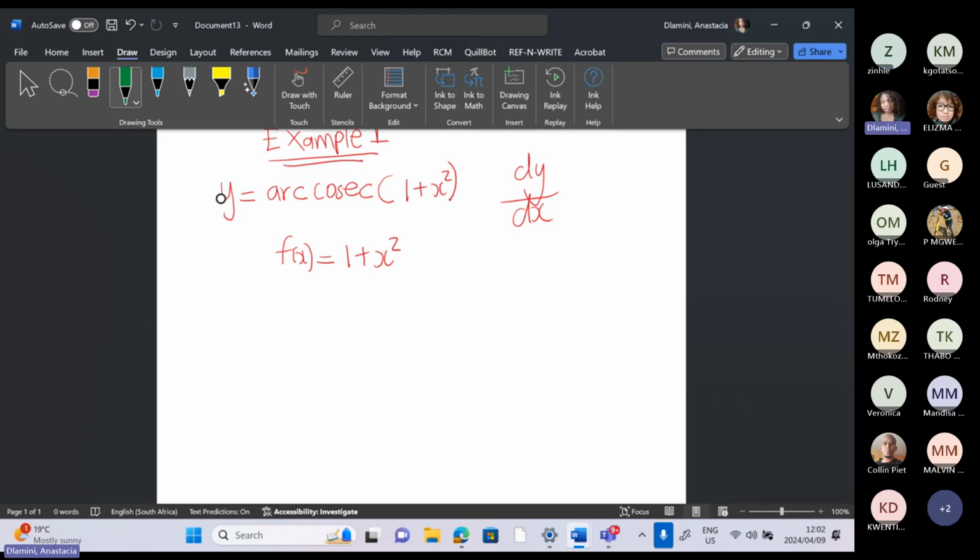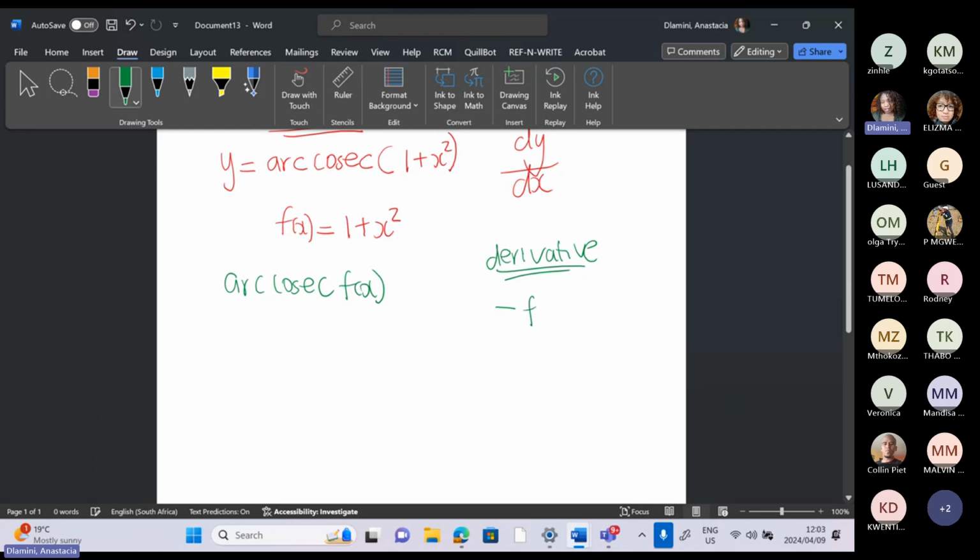So just note, it's not necessary for you guys to be able to prove the general derivatives that are on page 42. You just have to make sure you memorize them, you see them, you understand them, and you are able to apply them. So the arc cosec is given by what, according to page 42? It's minus f prime of x. So let's write that arc cosec of f of x, the derivative is what?